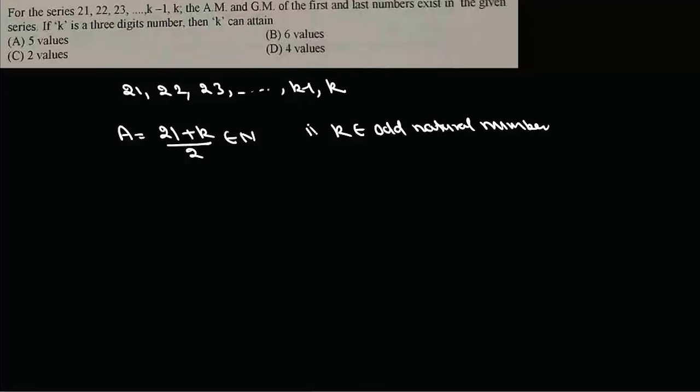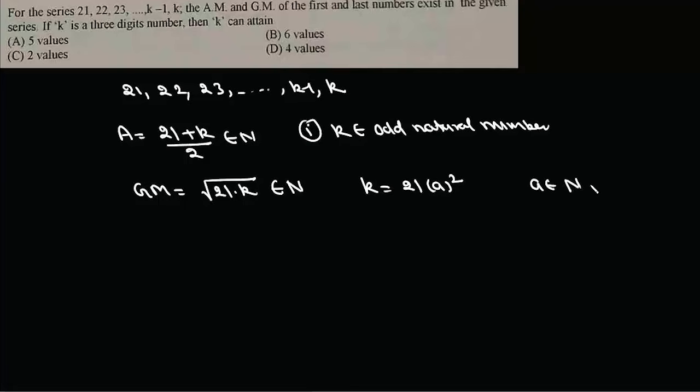So that's our first condition. Now their geometric mean will be the square root of 21 into k. Now this again should be a natural number, and it will be a natural number if k is of the form 21 into a square, where a is a natural number.